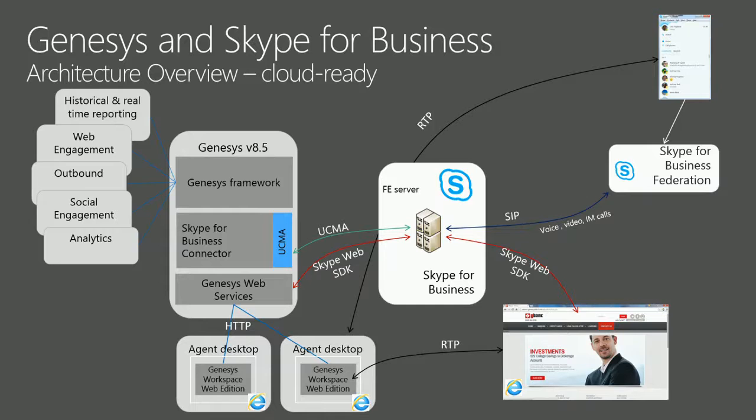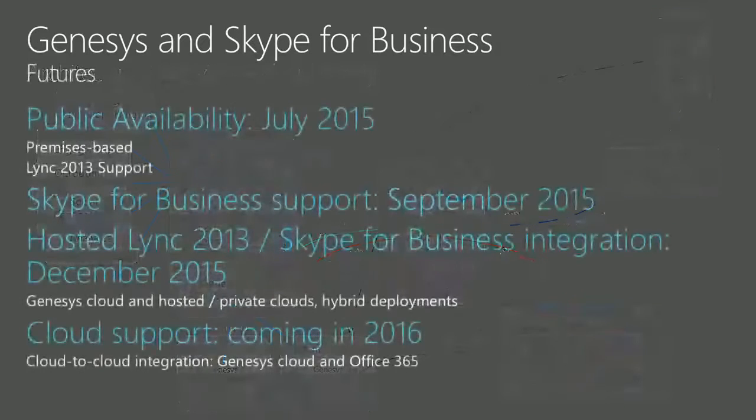So I would go to the next slide. And this is very, very quickly the futures of this integration. As I said, the public availability, or maybe I didn't say it, is July this year. Initially, it will be premises-based, and we are starting with Lync 2013 support, but very quickly thereafter we'll have Skype for Business support as well.